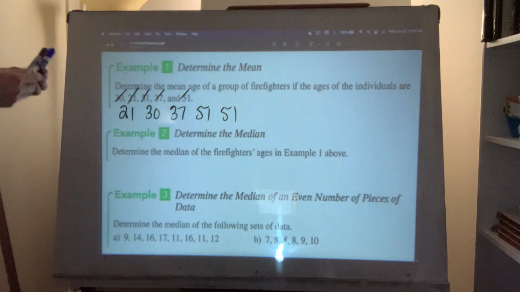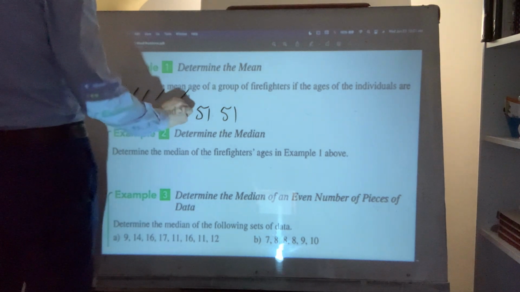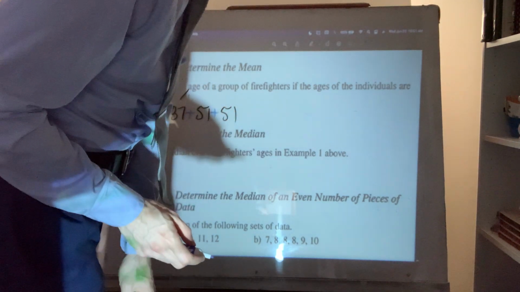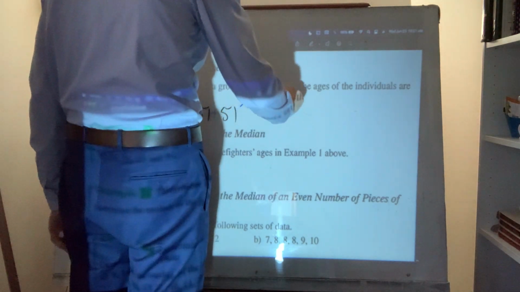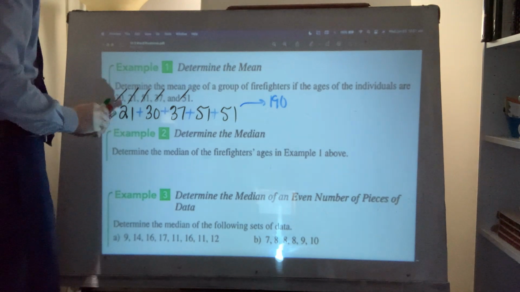If they're asking for the mean, then you know the procedure is that you would have to add these. And in that case, what you should get is 190. And then you would divide by how many there are.